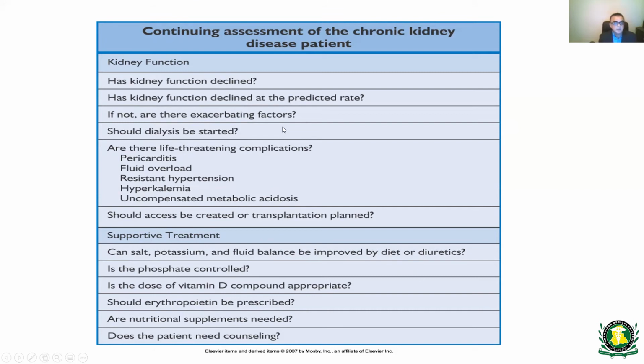If there are any factors that can be modified, patient's lifestyle or diet, and life-threatening conditions that will make you decide about initiation of dialysis is if patient has uremic pericarditis, refractory fluid overload, resistant hypertension, refractory hyperkalemia, uncompensated metabolic acidosis. Those are the things that you really worry about.